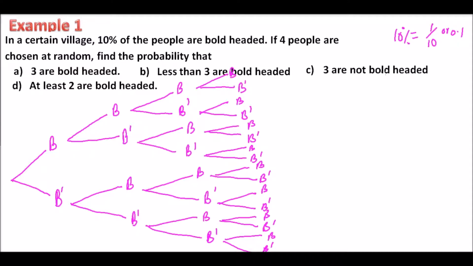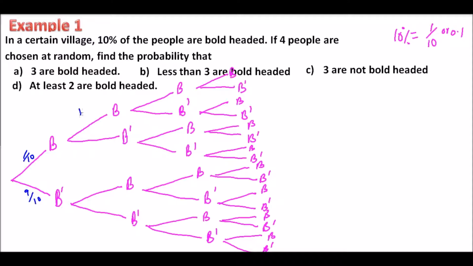probabilities. Since we are saying 10% of the people are bold-headed, it means this is 1 over 10 bold-headed and 9 out of 10, which also represents 90%, are not bold-headed.